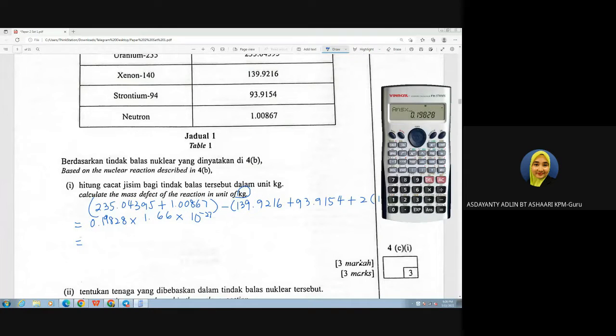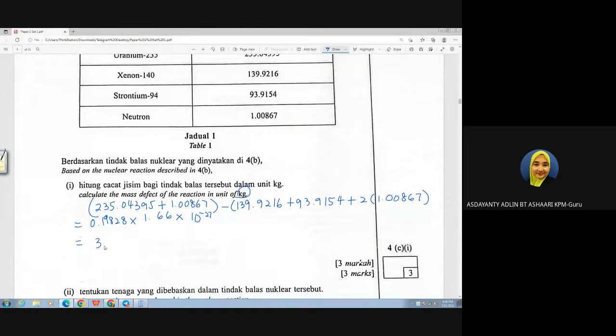So darab 1.66 times 10 power of negative 27. So jawapan 3.291 times 10 power of negative 28, 3.291448.